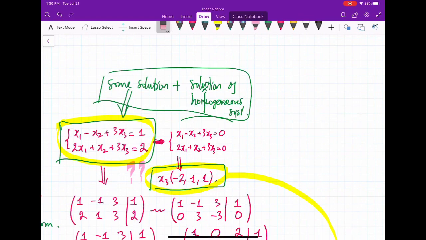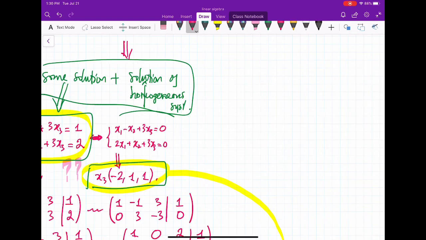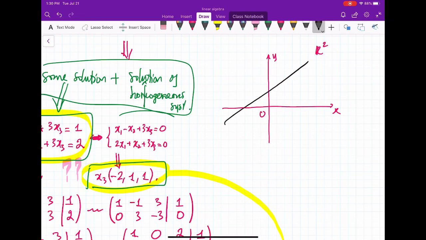There is another way to understand this idea. Look at this. If you consider R2, it's the XY plane. In here, if you have any straight line, let's say this straight line, I may obtain it from some straight line here that passes through the origin and has the same slope.